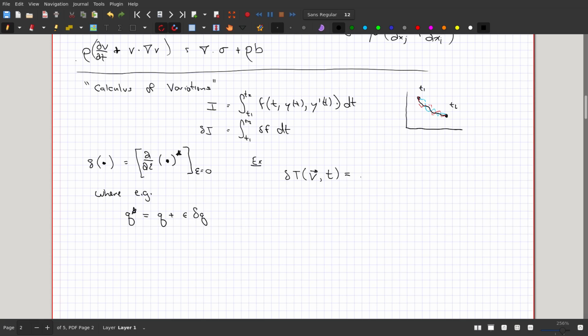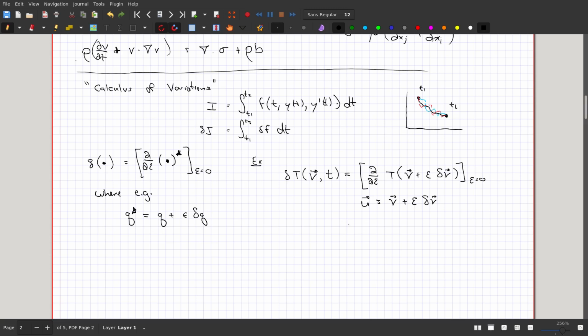What I'll do is take the partial of T with respect to epsilon, of T of V plus epsilon del V, evaluated at 0. Then I'm going to create a new variable U that is equal to V plus epsilon del V. This is just for convenience, because I'm going to compute a chain rule in a second, and I want to take what's in the integrand and assign it to U. Okay?